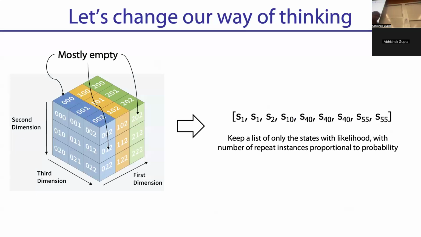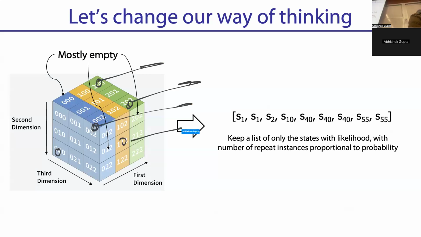So let's say there was some likelihood here and here and here and here and here, right? I don't need to keep all the bins around. I just need to keep track of this and this and this and this and this, right? And so the idea behind particle filtering is that you represent belief not by a table of bins.